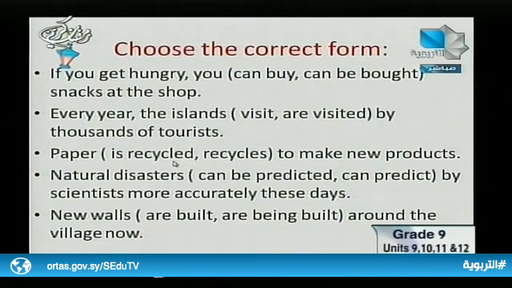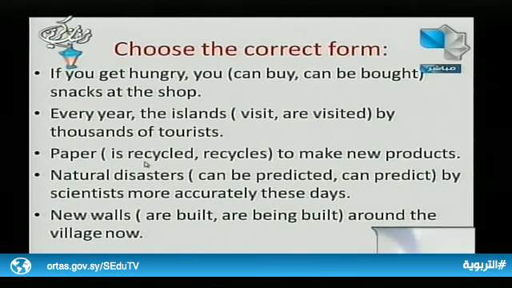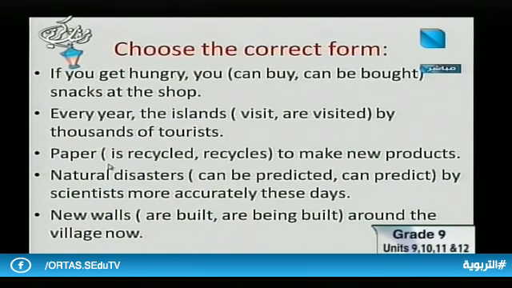Again, paper is recycled. Paper is not a person. Paper cannot recycle itself. So here it is recycled. We talk here about what happens to the paper, the subject, not what the subject did. So it is the passive. We should choose the passive form, not the active form.